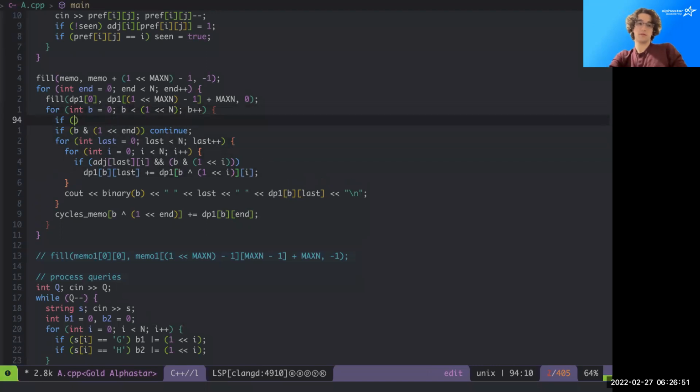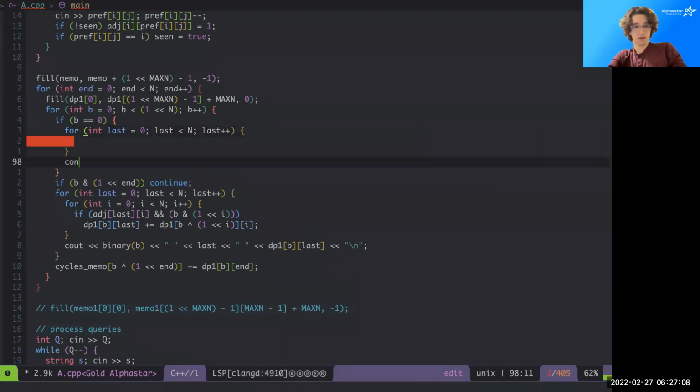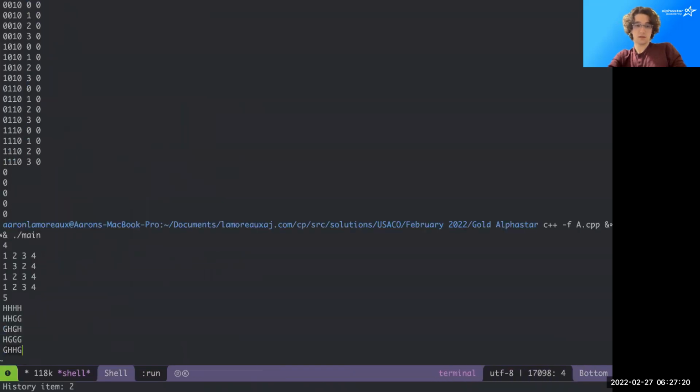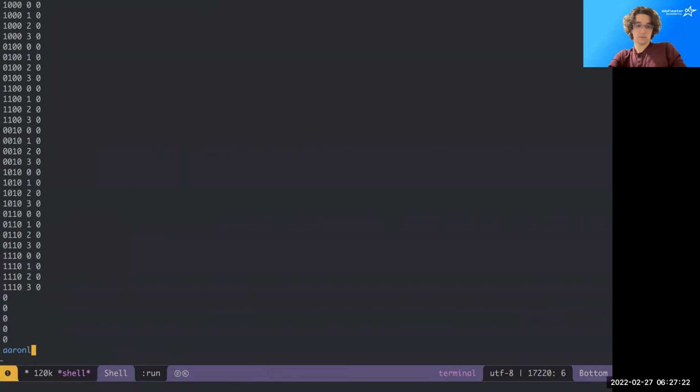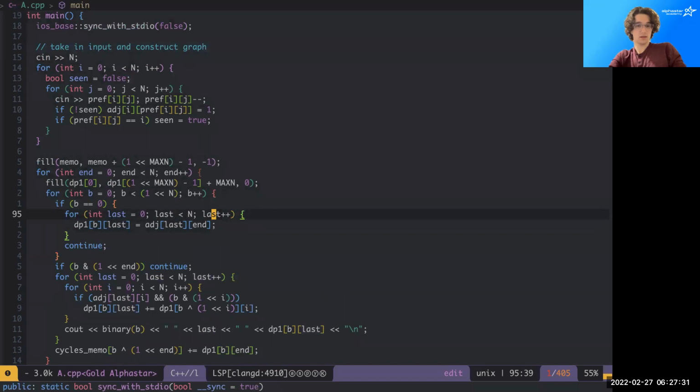If 0, PP1, B. PP1, B at last equals. Okay, so we still end up with something that is not.